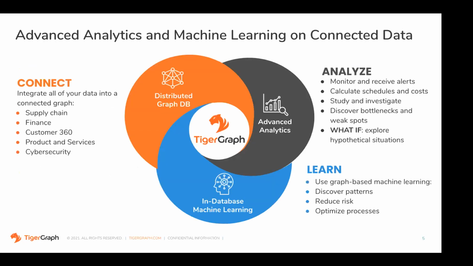Talking about advanced analytics and machine learning on connected data, we have this 3-aspect description. You can connect, analyze, and learn. The great thing about graphs is they let you very easily, very intuitively, and very performantly connect all your data. You take even just one data source and express it in a different way to really highlight how things are connected and related to one another.